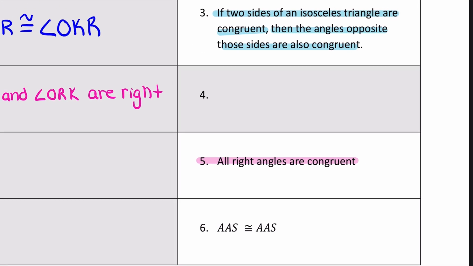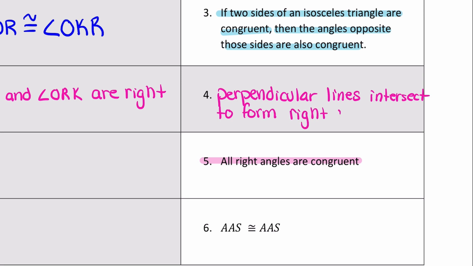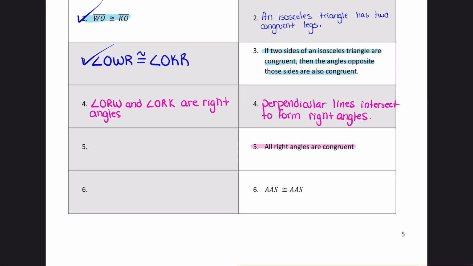And the reason for that is perpendicular lines intersect to form right angles. Okay? Now that I know that they're right angles, I can clearly state that they're congruent. Angle ORW is congruent to angle ORK because all right angles are congruent.